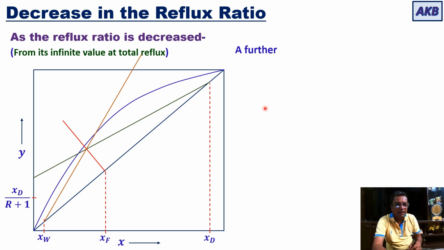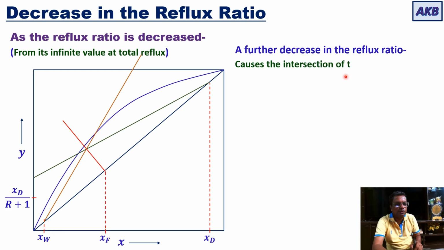Okay. Now, if you go on decreasing the reflux ratio further, what will happen? A further decrease in reflux ratio causes the intersection of the two operating lines on the equilibrium curve. So if you go on decreasing the reflux ratio, this intersection point will occur on the equilibrium curve.